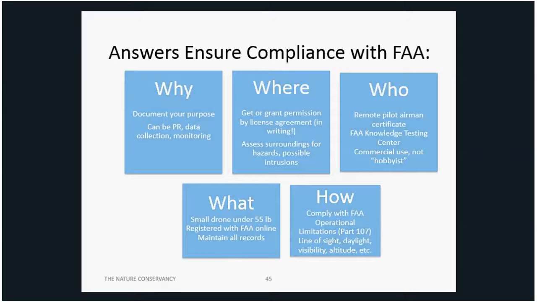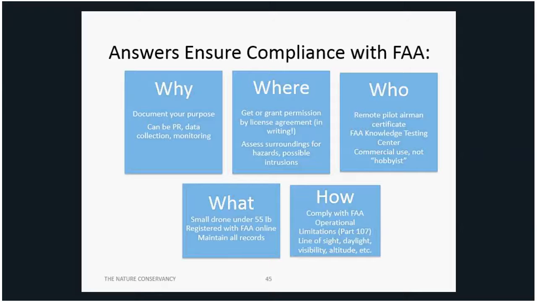Please also understand that when TNC is out there flying for conservation purposes, we can't default into the quote-unquote hobbyist category, which is the least regulated area of the regulations. We are in fact a commercial use, even though we're not doing it to sell anything. We're doing it for our own conservation nonprofit mission.